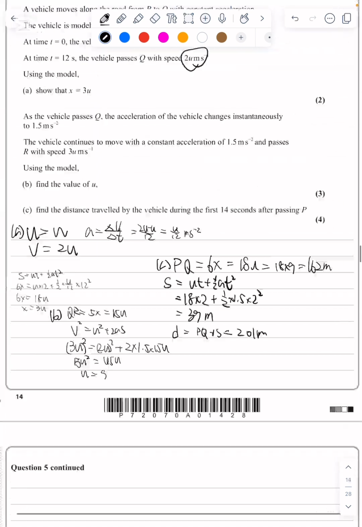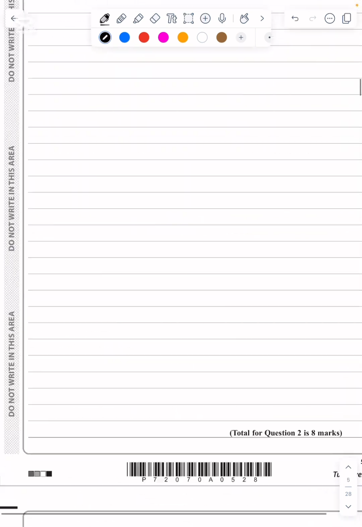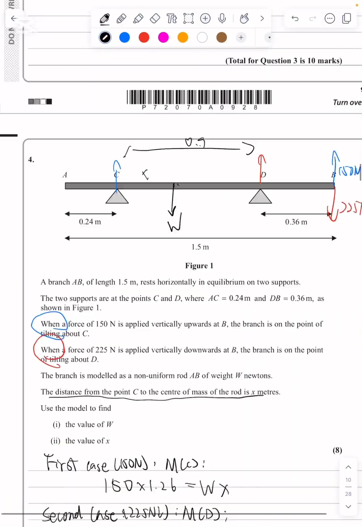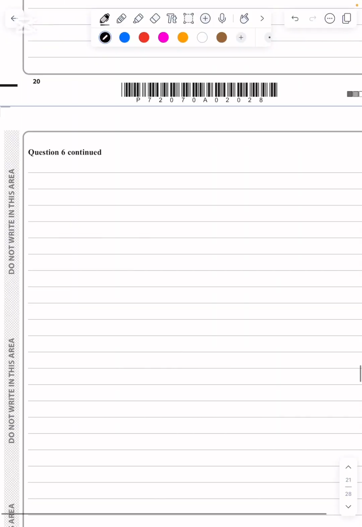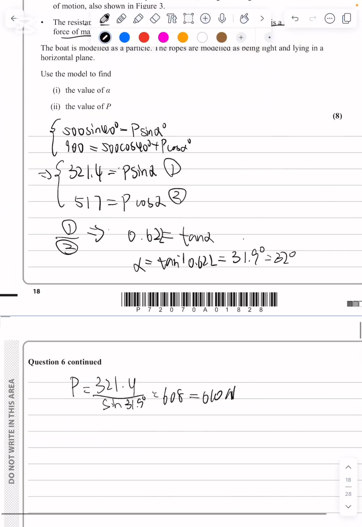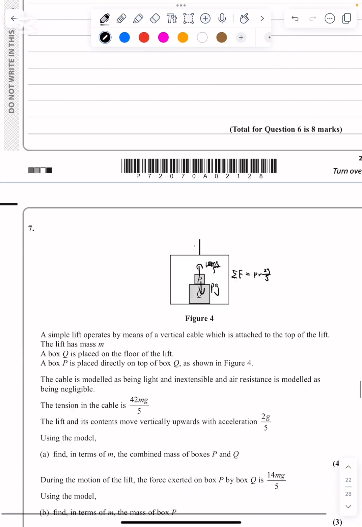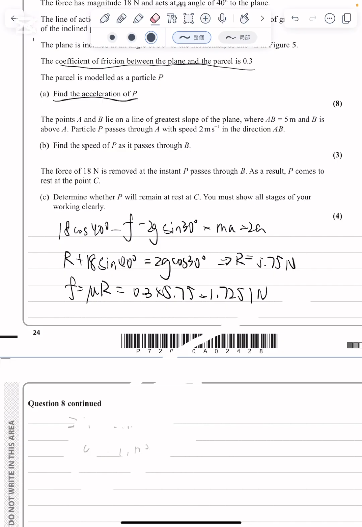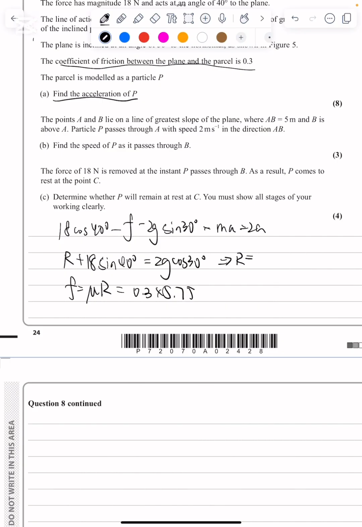Is G 9.8 or 10? Oh, 9.8. Okay, that's where the calculation went wrong. Yeah, rookie mistake. G is 9.8. I haven't done this exam in a while.